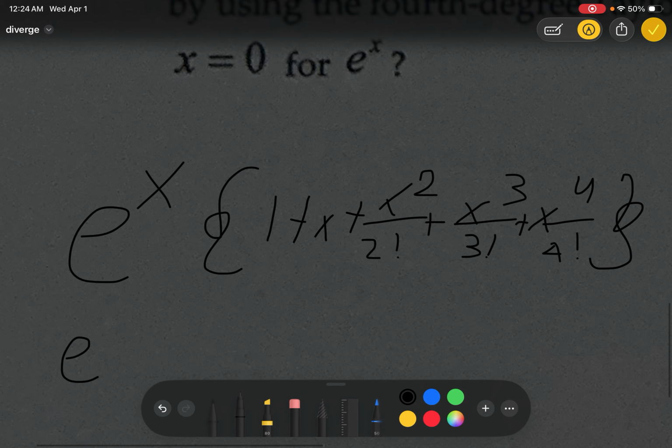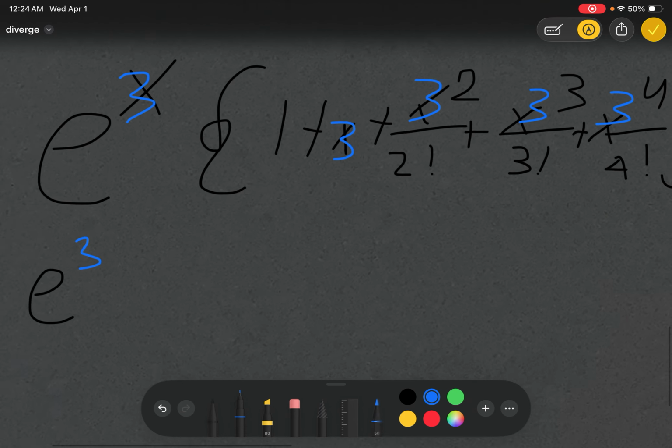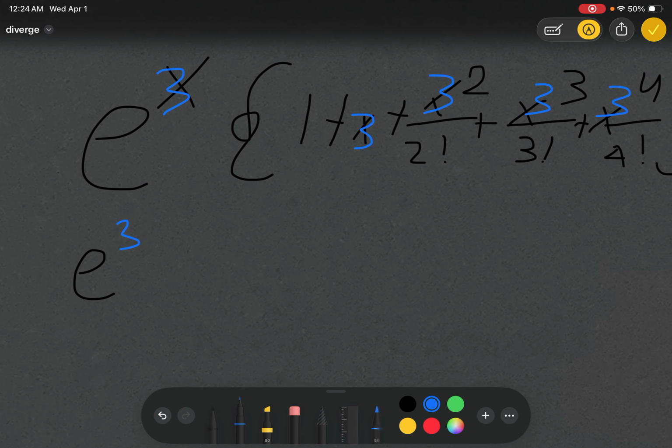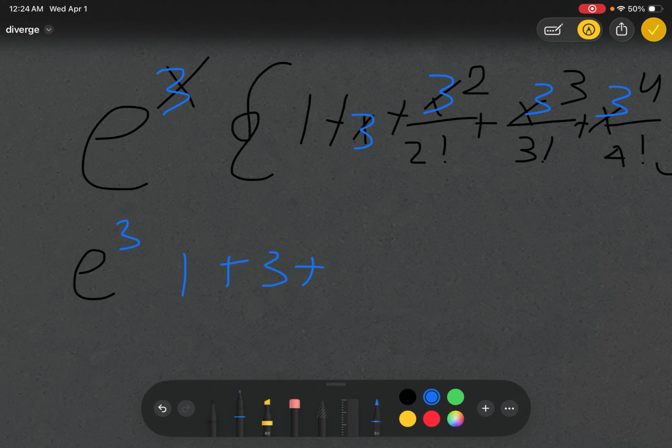Now it's going to ask for e cubed, so we're going to replace all of those x values with 3. I assume that you guys know how to do your algebra, so I'm going to go straight to it. You are going to get 1 plus 3 plus 108 over 24 plus 108 over 24 plus 81 over 24.